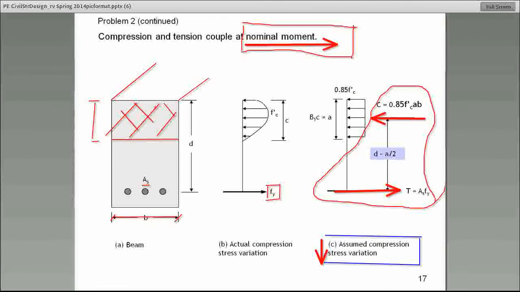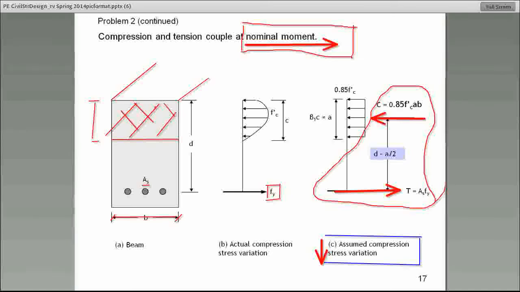And I just told you how you can identify the magnitude of those couple forces. Now, the next thing I will ask you is, once we have a couple system, how do we calculate the moment they cause?